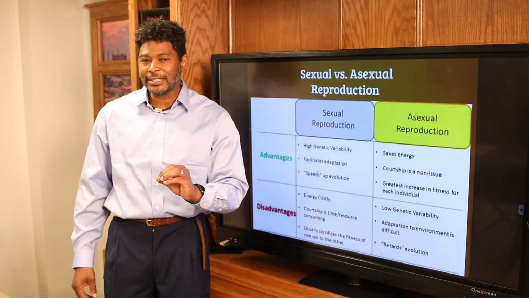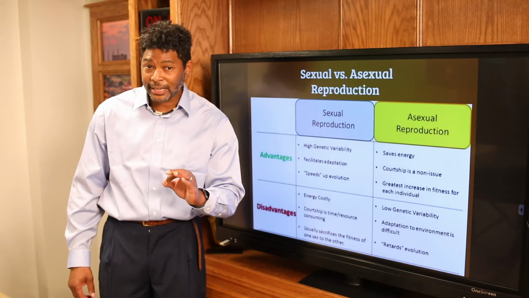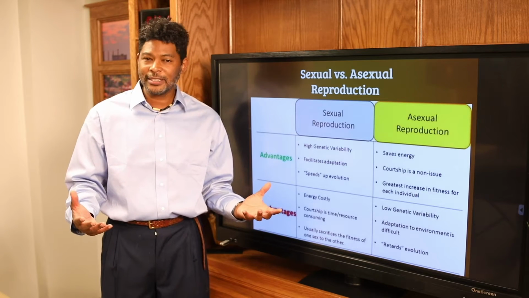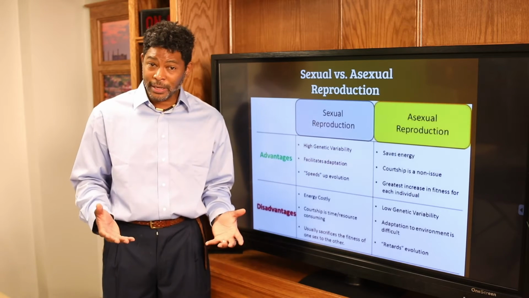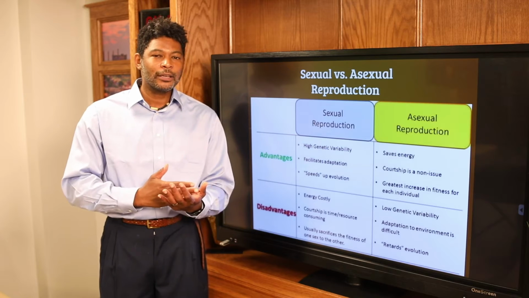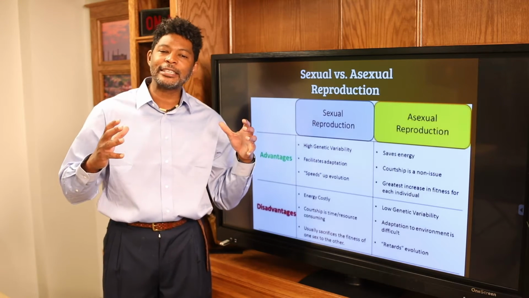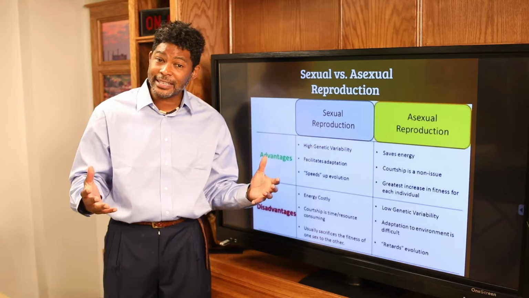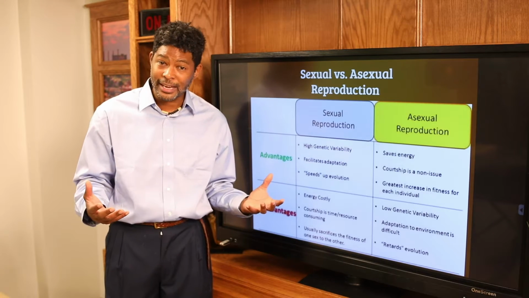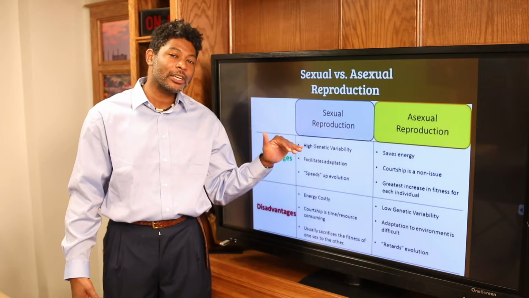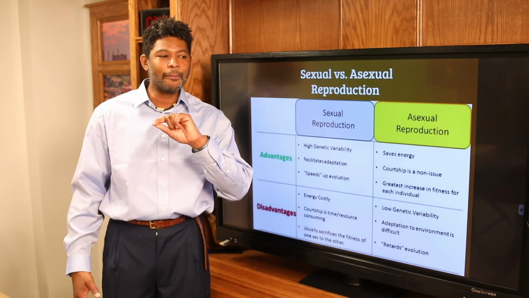If there's a disease that affects a certain plant and all the plants are the same, all the plants would die from the disease. Same thing with human beings. You wouldn't want a disease to come along where every human being is genetically susceptible to that disease, because then the entire species dies.